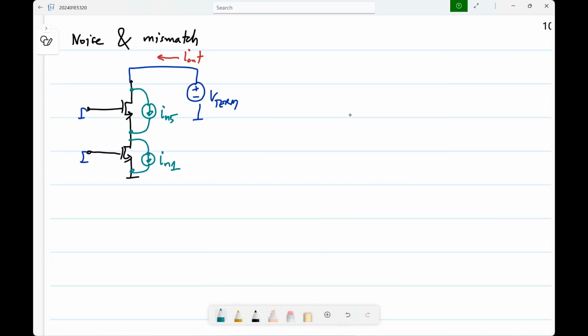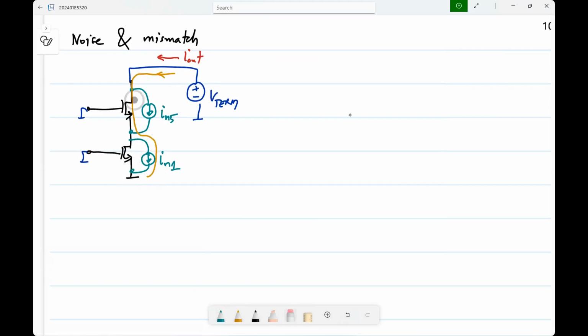Now, what will be the contribution of IN1? So IN1 will flow through that, because for this transistor, its gm is deactivated, right, and it has no output resistance.